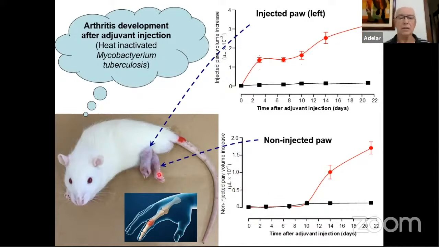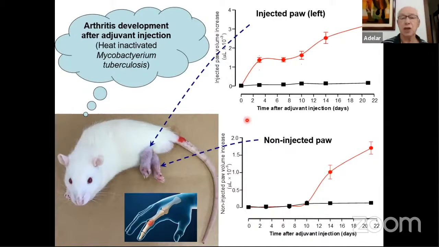Later on, the non-injected paw, in this case the right hind paw, also develops these lesions. And in time, the disease becomes systemic. It extends to the whole body, so that practically all organs, or at least most important organs, are in fact affected by the disease.